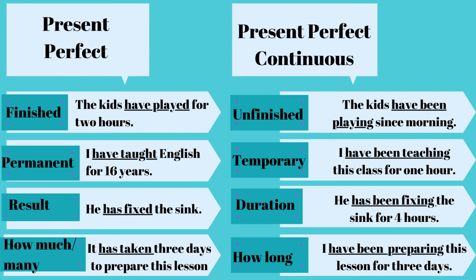The last difference comes with how much or how many in the present perfect. It has taken 3 days to prepare this lesson, versus the continuous that focuses on how long. I have been preparing this lesson for 3 days.